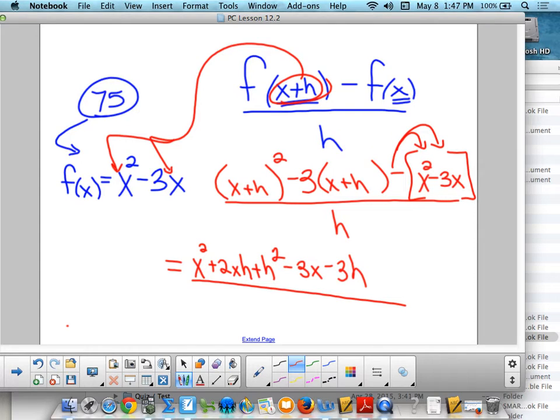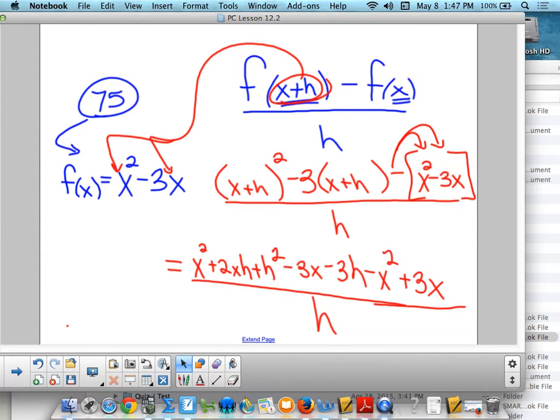Take the negative. Run it through. You get minus x squared plus 3x. All of it over h. And when you do all this work, I know it seems like a lot of work, but all of a sudden things just start canceling. Such as what? The x squared.